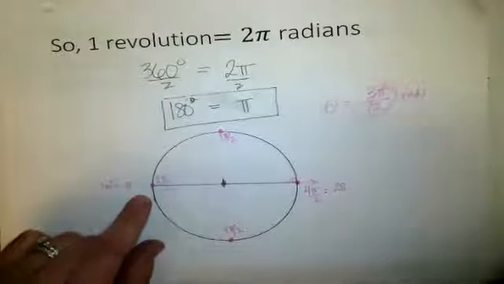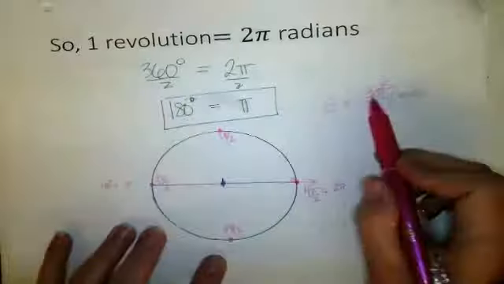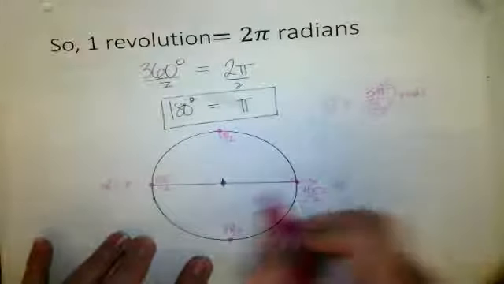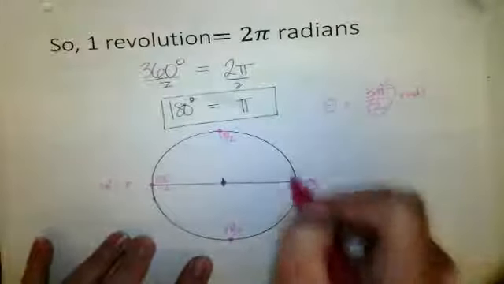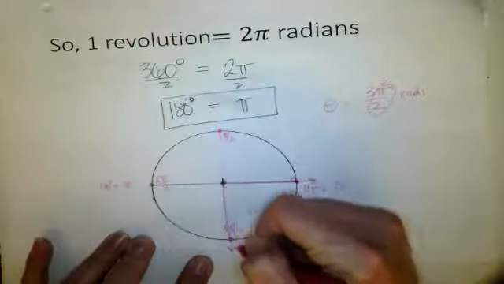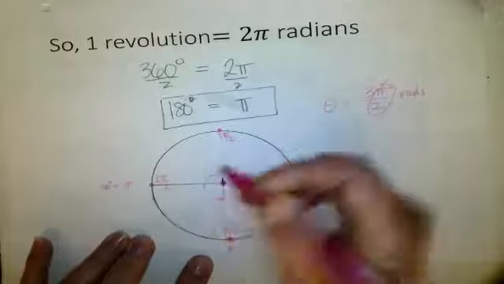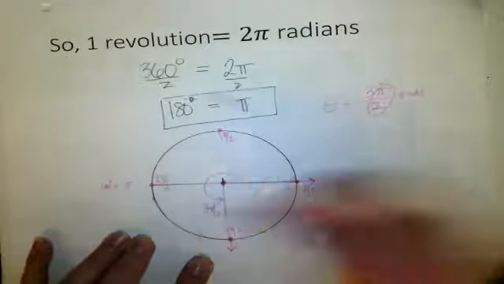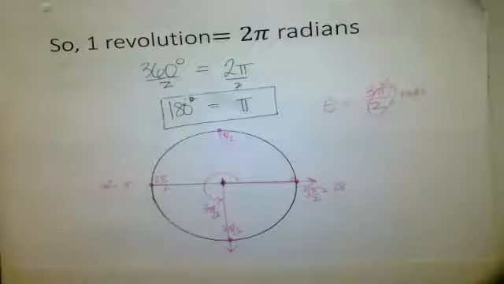It all reduces. All right, so I want to draw the angle 3 pi over 2. Here's my initial side, 1 pi over 2, 2 pi over 2, 3 pi over 2. So it goes through. Right here is our angle 3 pi over 2. Also known as 270 degrees. Okay?